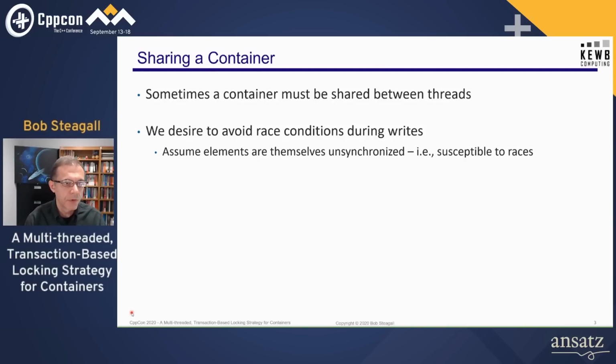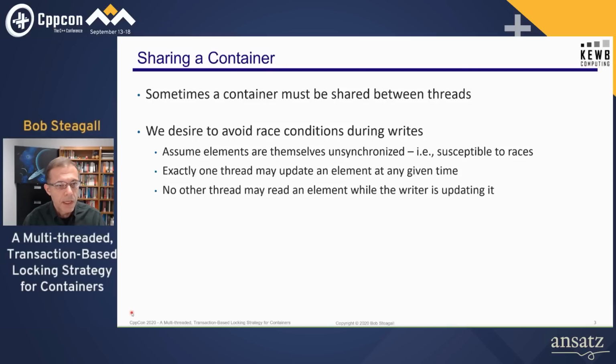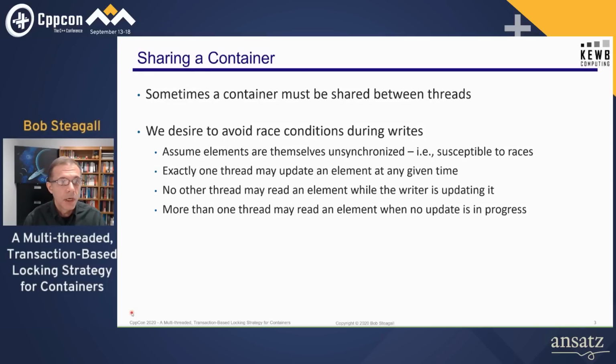They are susceptible to races if two threads try to write to one element simultaneously. I'm going to assume that if we want to update an element, only one thread can update an element at any given time, and that no other thread can read an element while the writing thread is updating it. However, more than one thread can read an element when that element is not being written to.